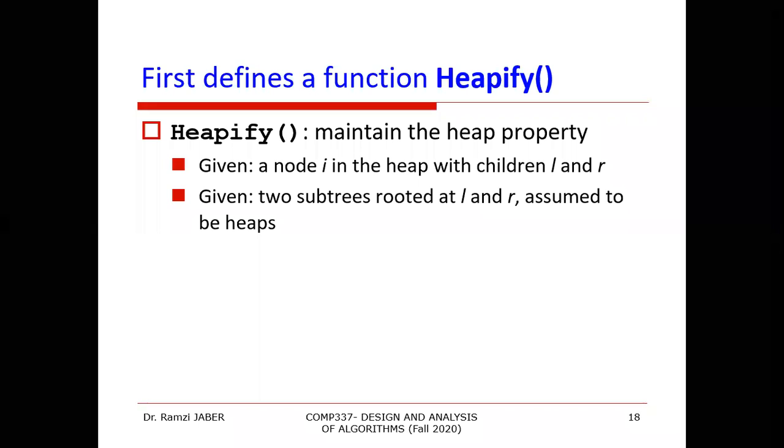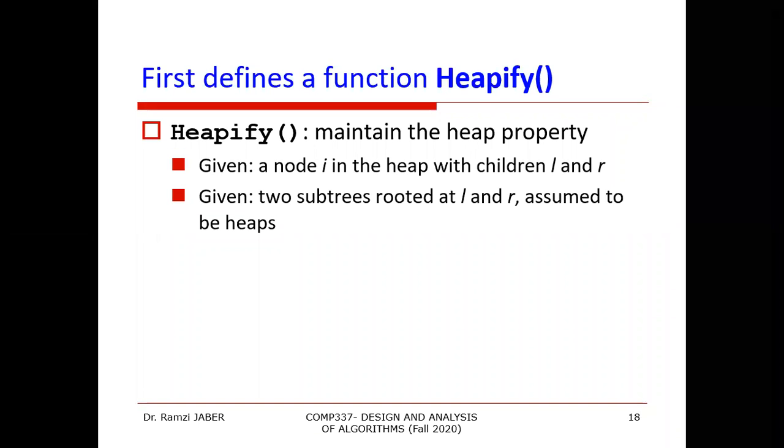So the left child with its children will be a heap, and the right child with its nodes and children will be another heap. As we said before, they are sub-heaps.